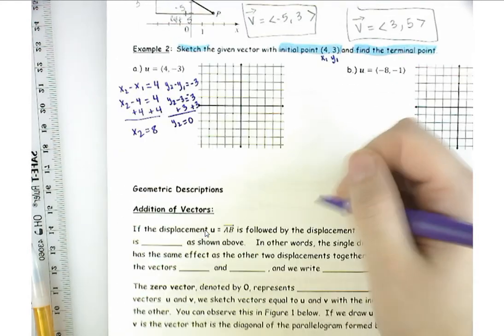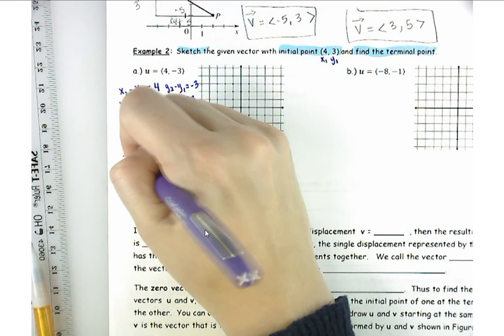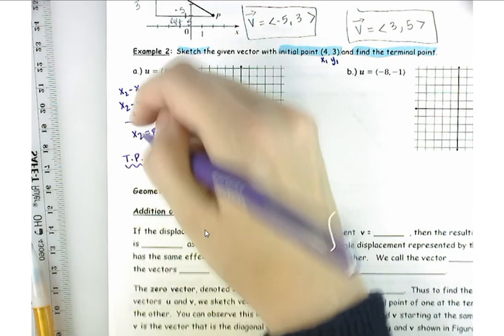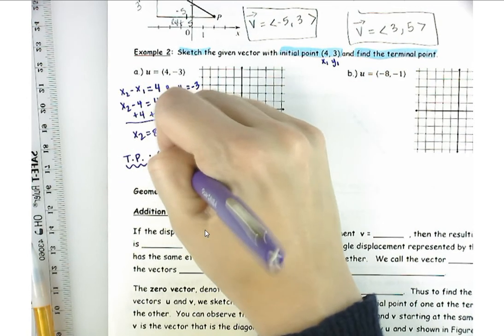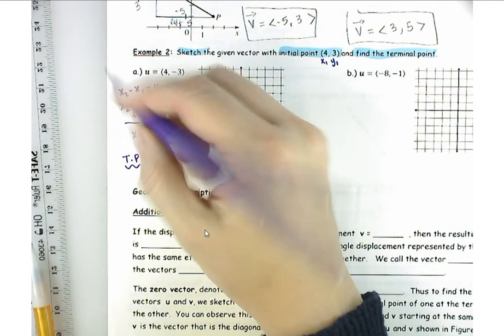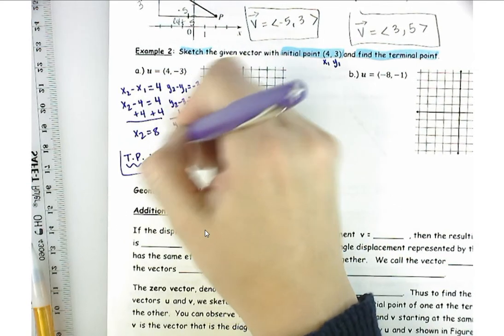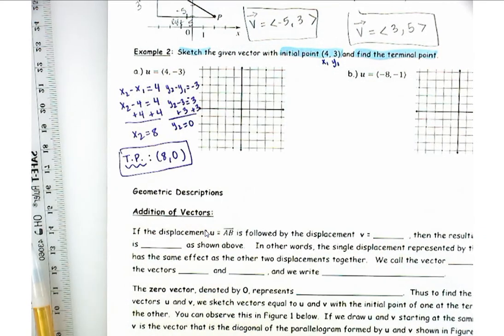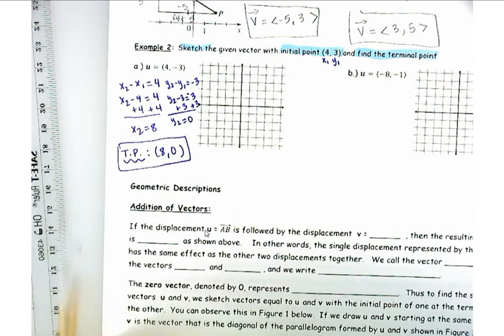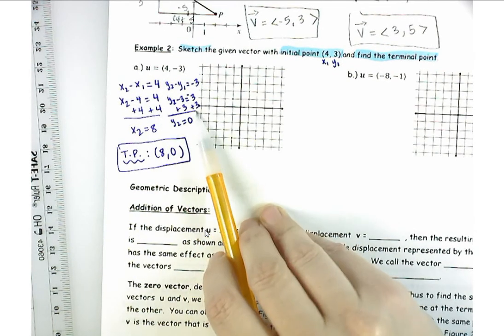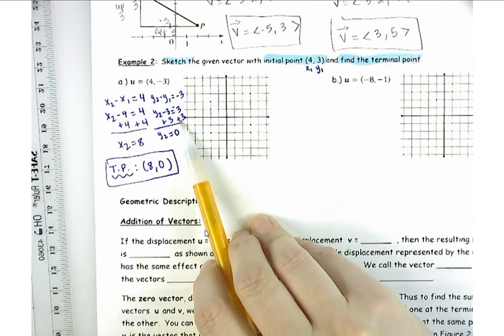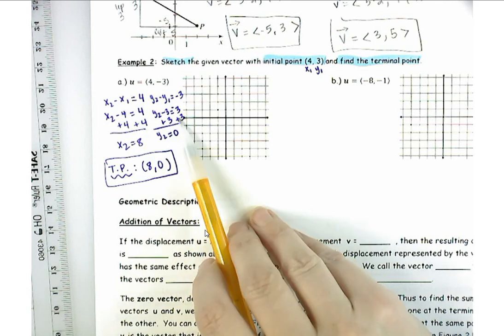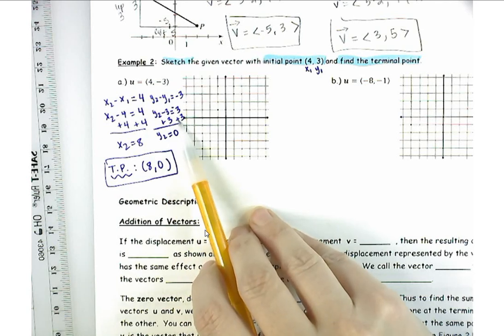So then your terminal point, and this is a point, so it's not going to have the carets, it's going to be the soft brackets, would be 8, 0. Now let's look and see what I just did there. See how I ended up adding 4 and adding 3? The significance of adding 4 and adding 3 is that 4 and 3 is what?